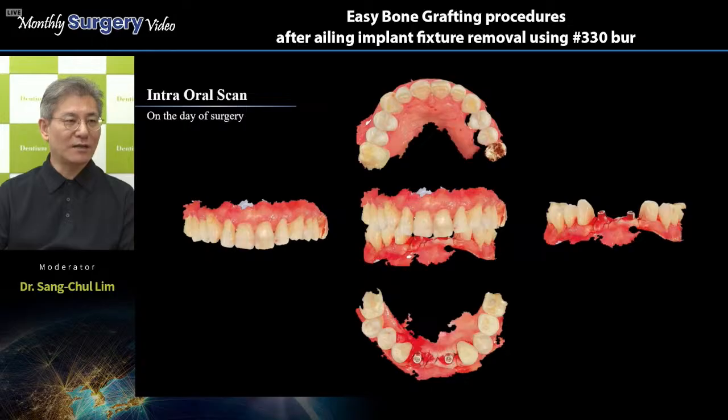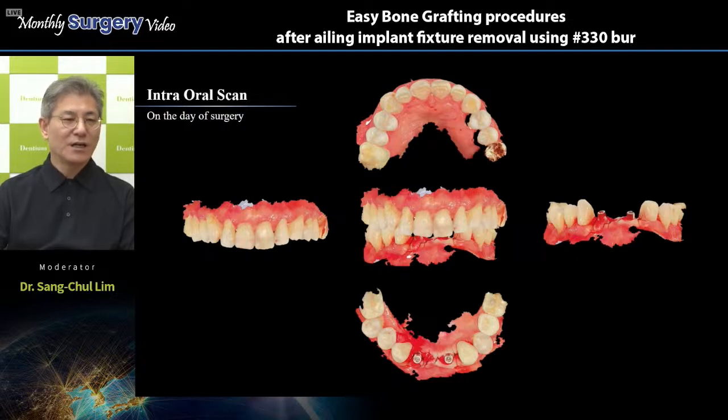After that, we got the intraoral scan like this. This intraoral scan was taken in the clinic on the day of surgery, the same day of surgery. After installation, we can clearly see the lower anterior 2 implants installed, number 32 and 42 area.